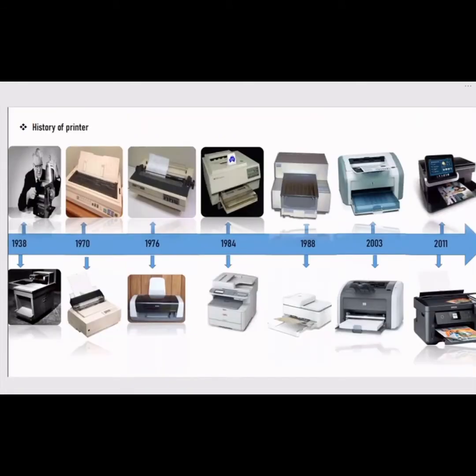On 22 October 1938, the American physicist Chester Carlson, 1906 to 1968, invented a dry printing process called electrophotography, better known as xerography, the first foundation technology for modern laser printing.